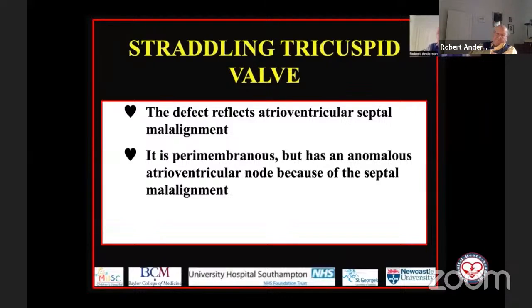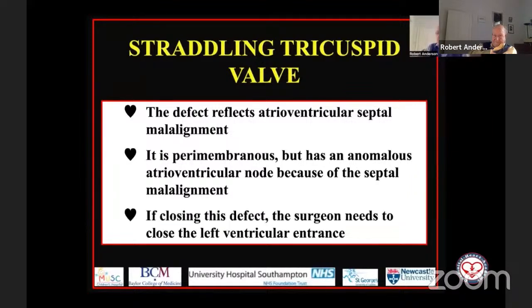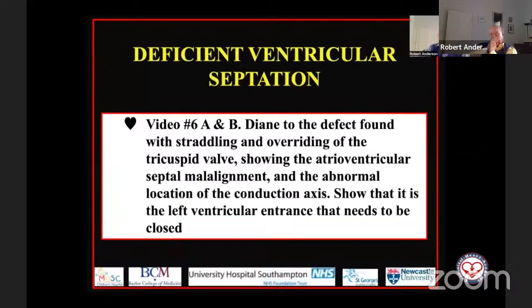What we're going to emphasize is the anomalous location of the atrioventricular node. And also, in this instance, the surgeon would need to close the left ventricular entrance so as to achieve septal integrity. So here, let's look at those hearts.